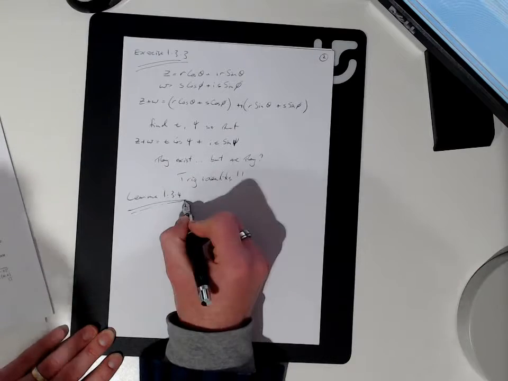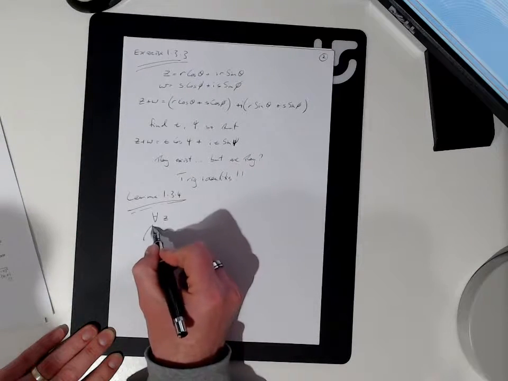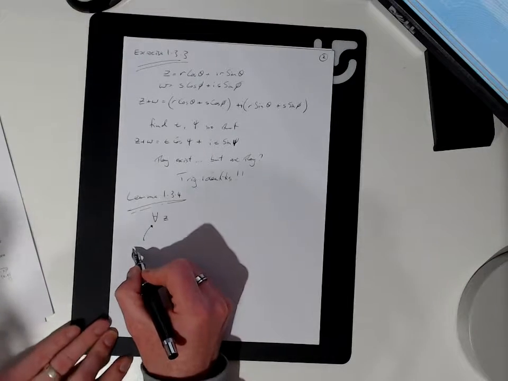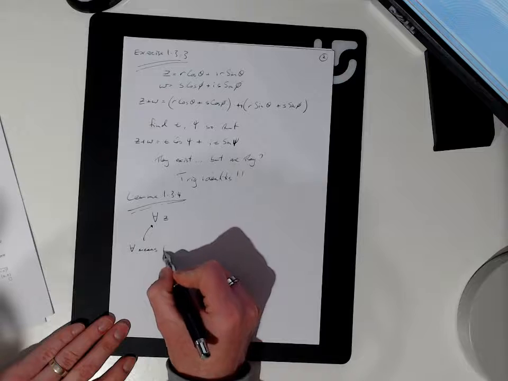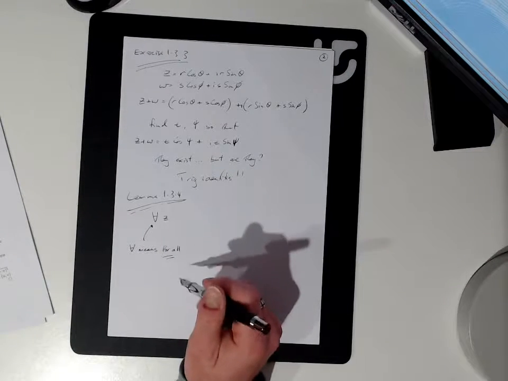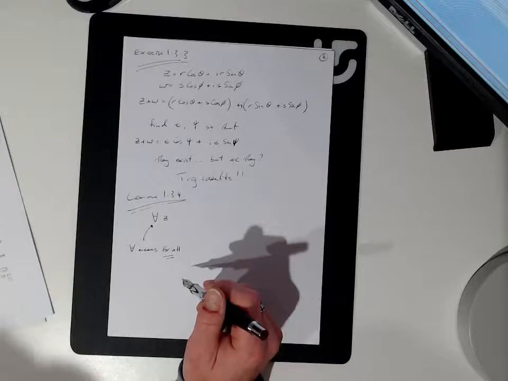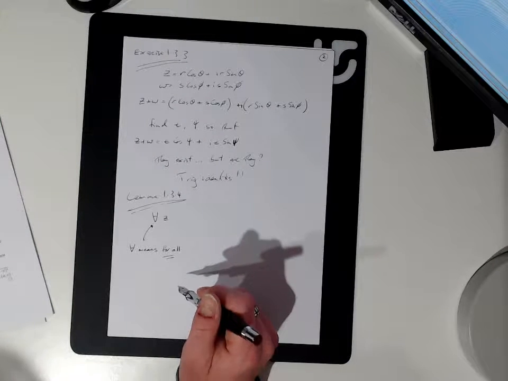Lemma 1.3.4. Okay, so for all z, so this is a symbol which in mathematics means for all. It comes up often enough that it's worth remembering, but probably not often enough that you need to care a great deal about it.